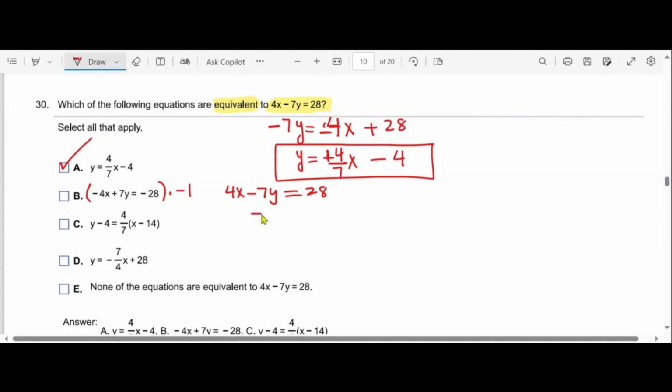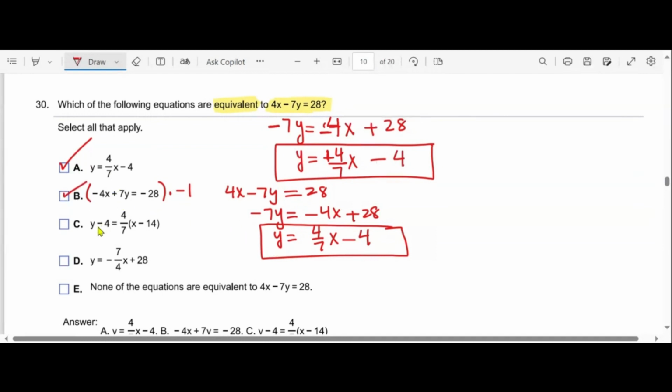So also negative 7y equals what? Negative 4x plus 28. So y equals what? 4 over 7x minus 4. This one. So this is correct.